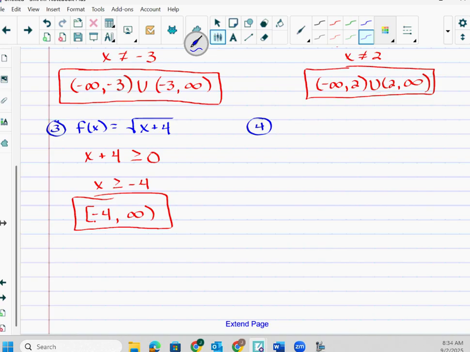Okay, you guys try this one. Add a little twist for you, see if you can figure it out. 2x over the square root of x minus 5. That's your function this time.